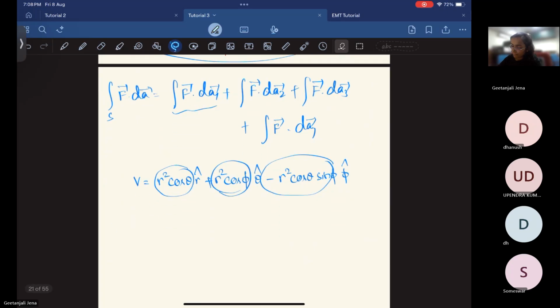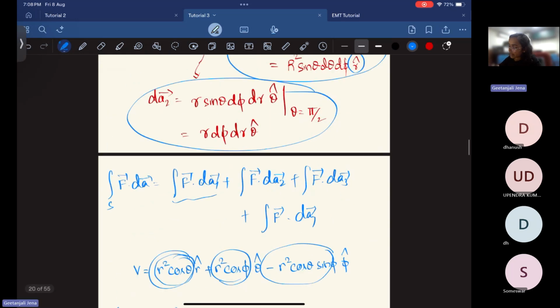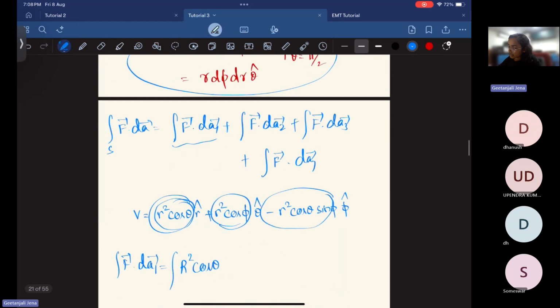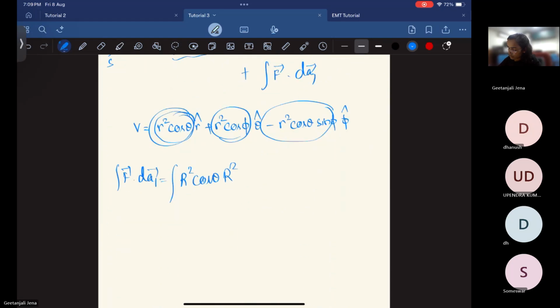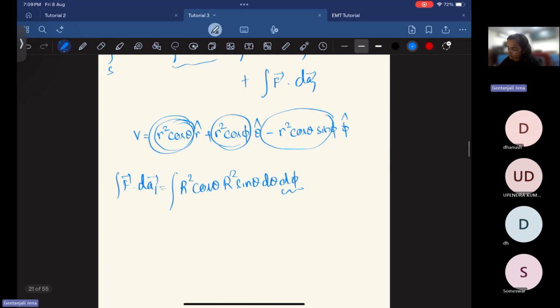So F dot dA1 should give r square cos theta, and the area element is r square sin theta d theta d phi. D phi is from 0 to pi by 2.